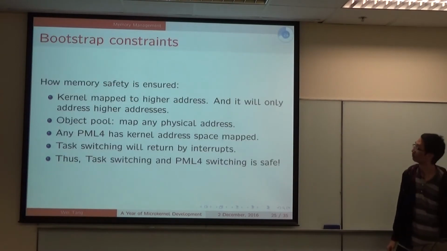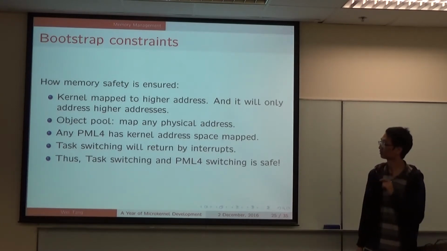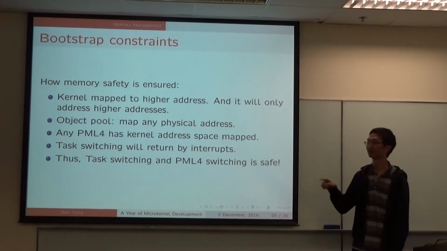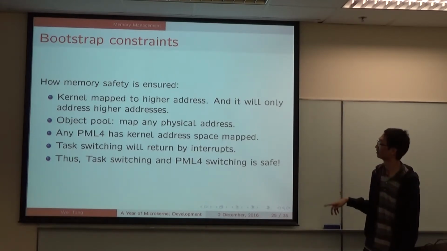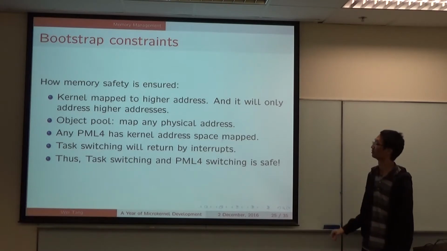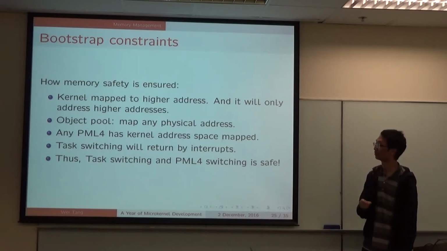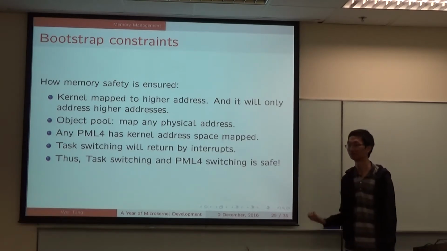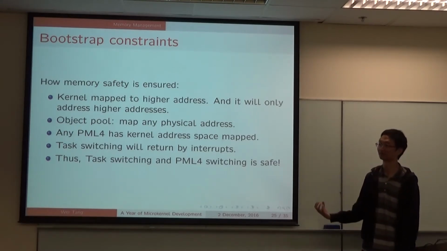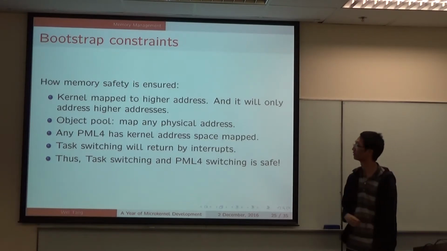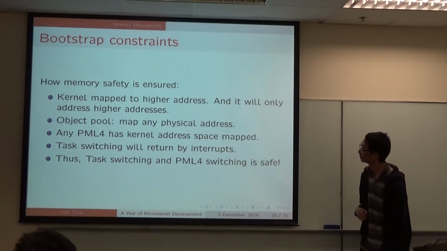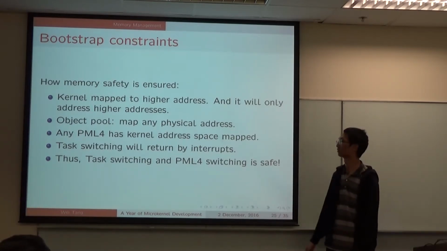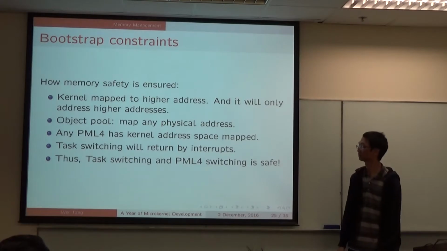So we have the kernel mapped to the higher addresses, which always start with FFFF 80 after that, and the kernel will only address those addresses. So it uses something called an object pool to access things in user space. They also have a PML4 with the kernel address space mapped.